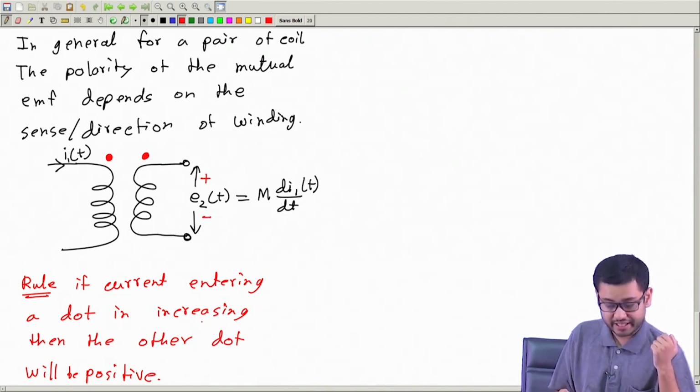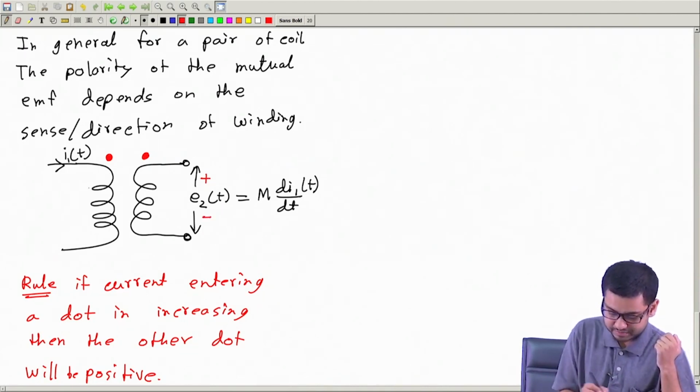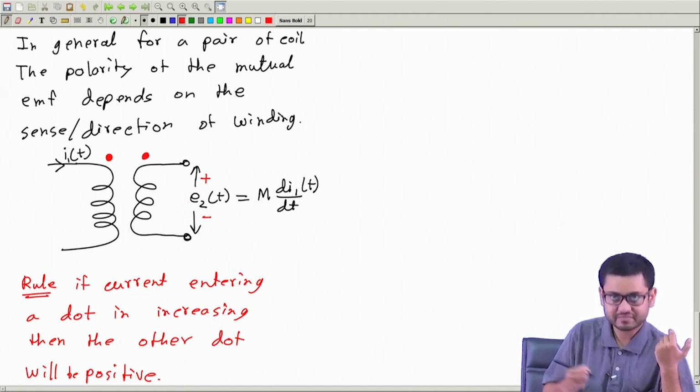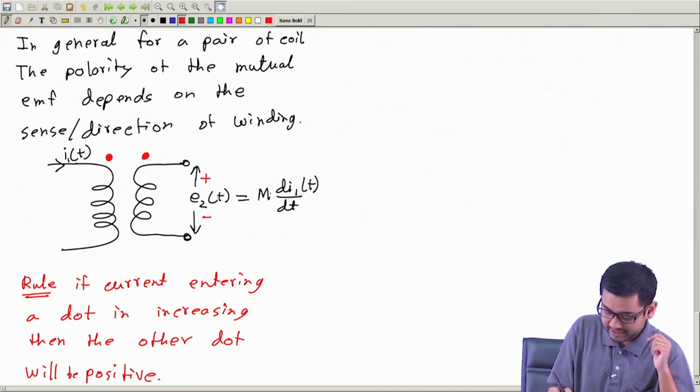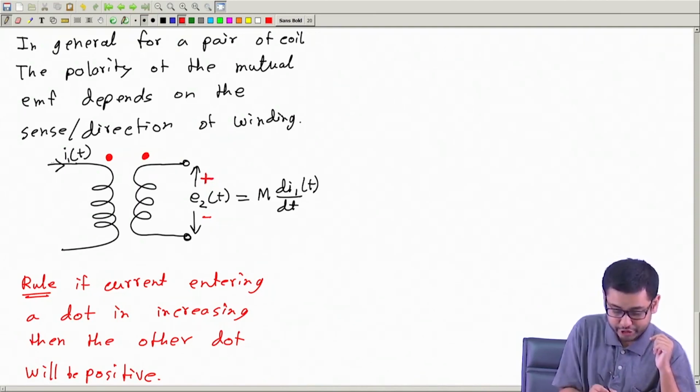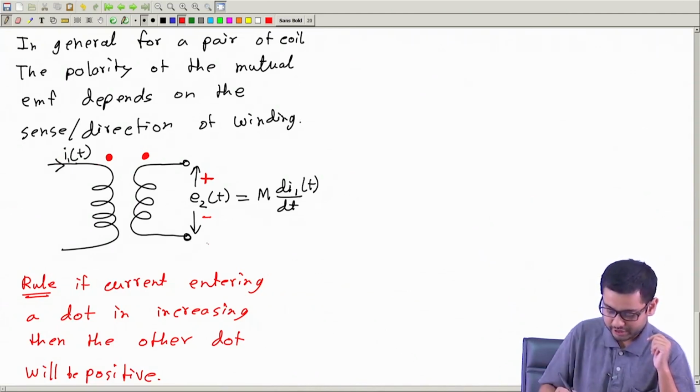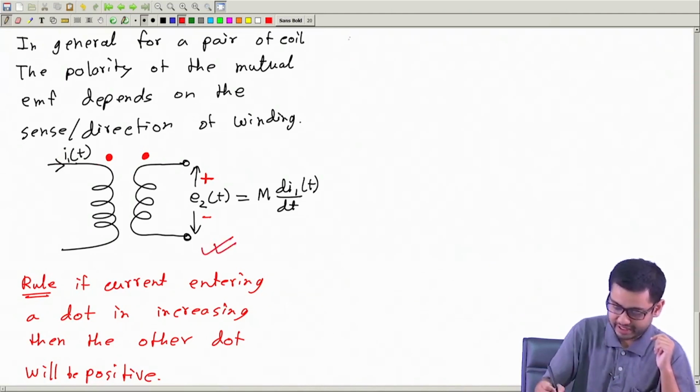So in general, I can write that the magnitude of the EMF is M di1 by dt, and its polarity is such that the plus side is towards the dot if the current is entering the dot. Okay, so this is a correct diagram.